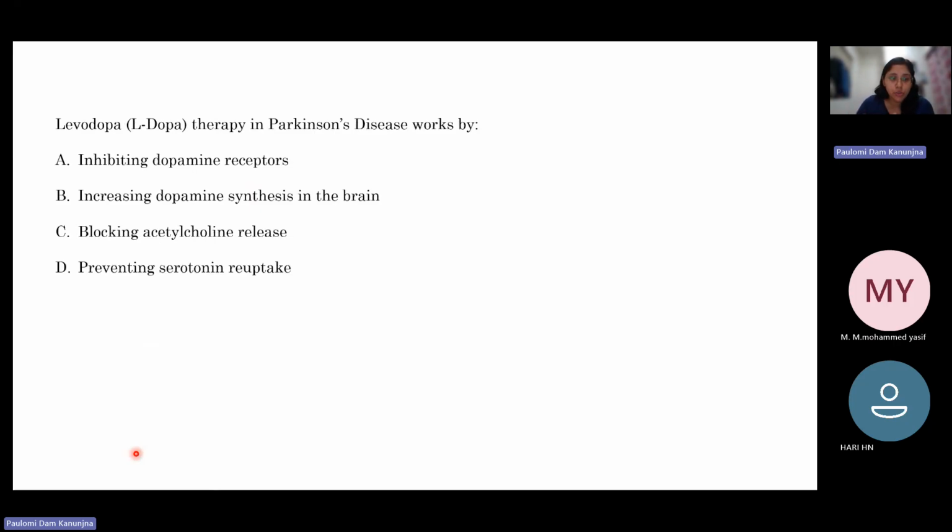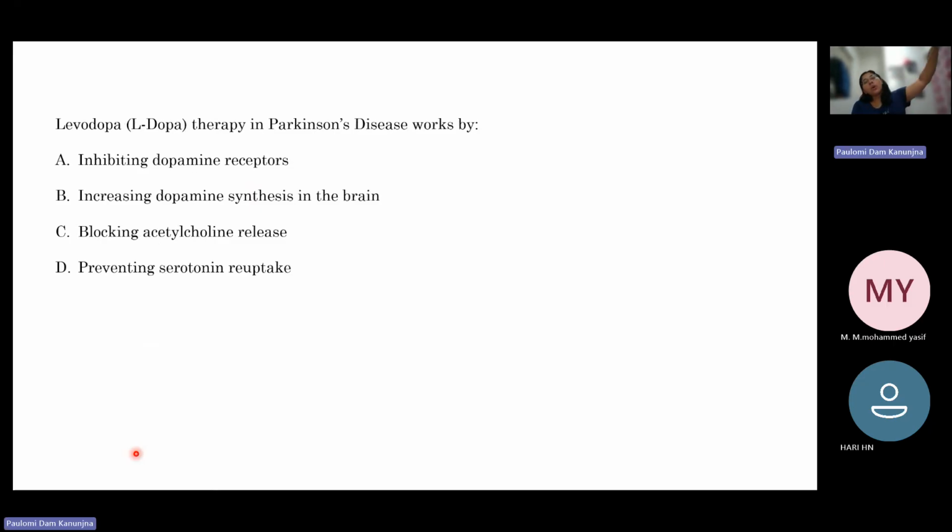What is that therapy trying to do? Any idea? Your dopamine is getting affected, so what are you trying to do as a doctor when you're giving L-DOPA?